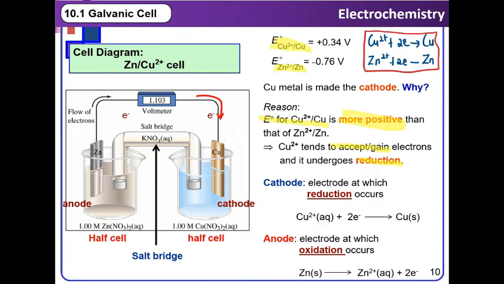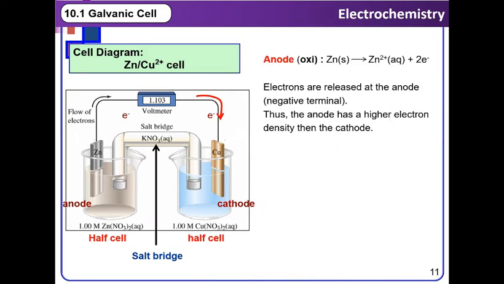So at the anode, the electrode at which oxidation occurs, zinc will undergo oxidation and become zinc 2 plus. Electrons are released at the anode, which is the negative terminal. Thus, the anode has a higher electron density than the cathode. The zinc undergoes oxidation and becomes zinc 2 plus, so the zinc electrode will gradually become thinner, because it has undergone oxidation and become zinc 2 plus.